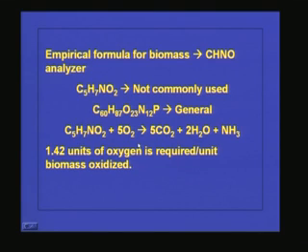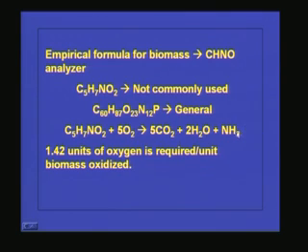We have to convert carbon completely to carbon dioxide, hydrogen to water, and nitrogen to ammonia if you are stopping at the carbonaceous stage. If you want to go for complete oxidation, that ammonia has to be converted to nitrate. So, this will be the final formula: C5H7NO2 plus 5O2 gives 5 CO2 plus 2 H2O plus ammonia.